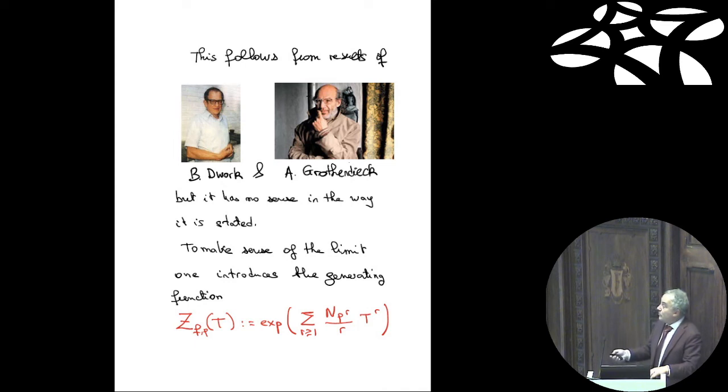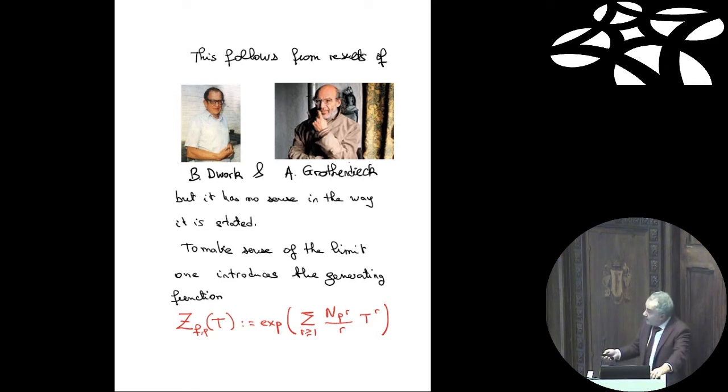And so here you take, this is certainly strange the first time one sees it, because the natural thing to do would just be to take the generating series, which should just be the sum of the N_{p^r} times t to the r. But here we do something a bit more involved.